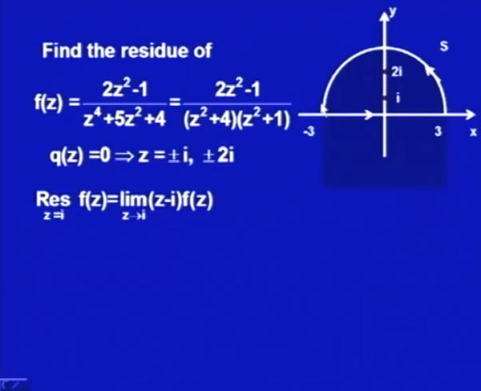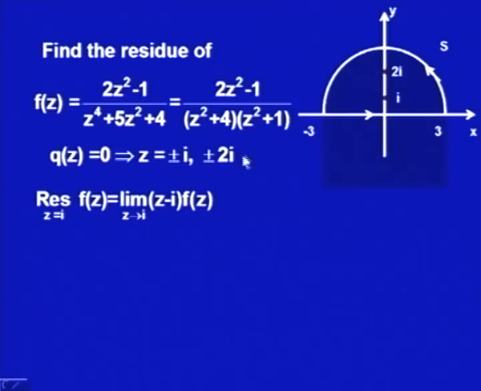I am just showing that if the function is of the form p z upon q z, then it would have a finite number of isolated singularities, and since p and q are polynomials, all the poles would lie interior to the semicircle bounded by the real line.